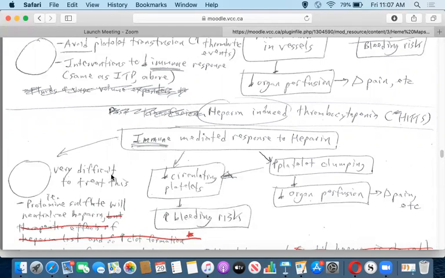It's very difficult to treat because you're giving the heparin in the first place to decrease clot formation, but by giving it, you're causing clots and you're causing bleeding risk because of the decreased platelets. So it's very confusing to treat this one. You might need to give something to reverse the effects of the heparin, and that will slow these problems down. But then you still have to deal with the initial issue of why you wanted to give the heparin in the first place.